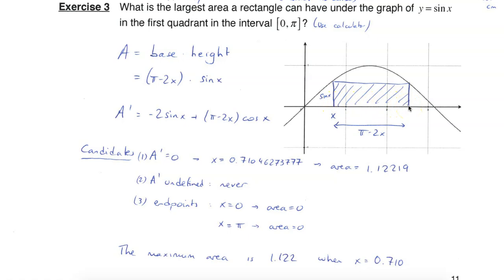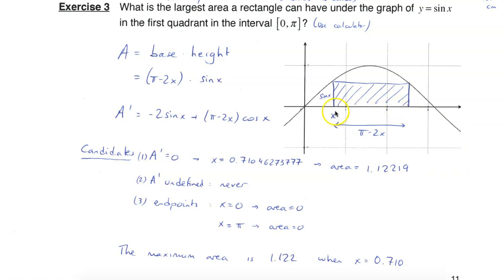What is the biggest rectangle I can make? You can see I could have one that is very low in height, but that has a very wide base, or I could have one maybe here that has a large height, but the base is much smaller. So what is the best I can do, again, between these two extremes?